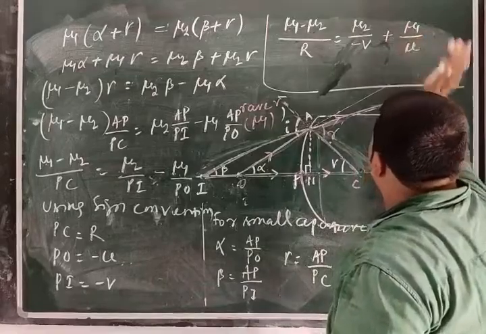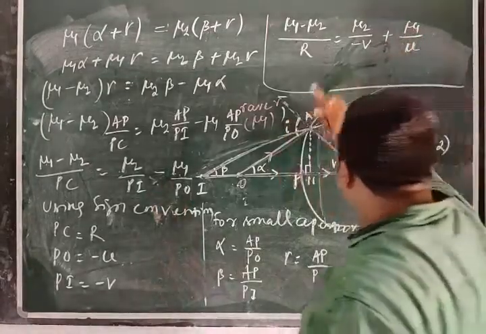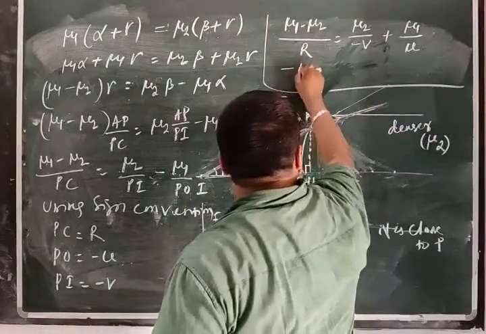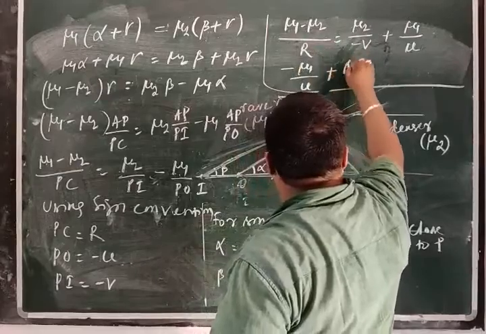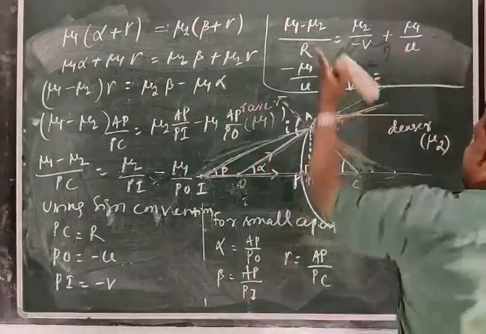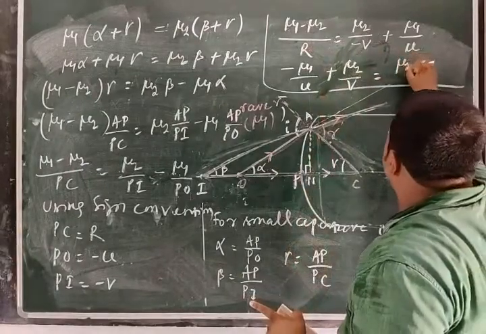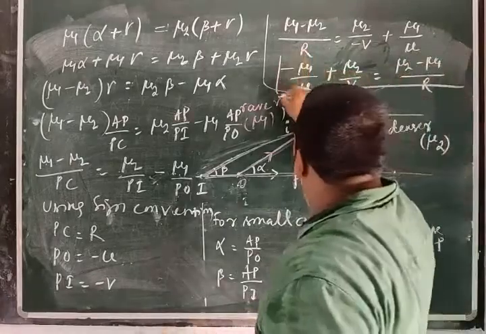Minus minus plus, this minus actually. Or I can write this as minus mu1 by u plus mu2 by v. This side, that minus. So this is equal to mu2 minus mu1 by R.